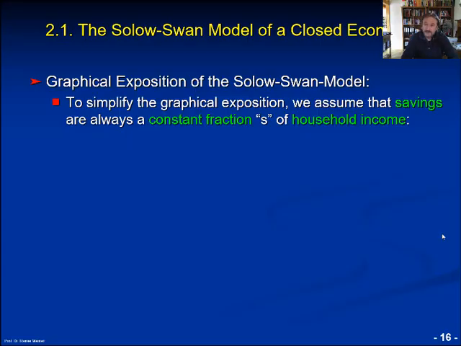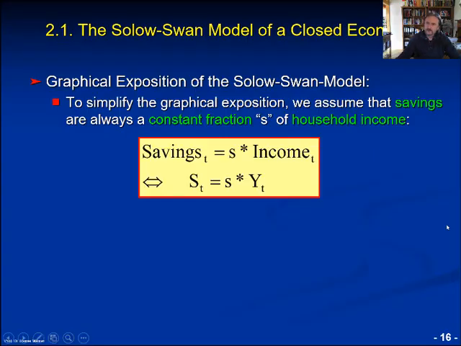Next, I would like to develop a graphical exposition of the Solow-Swan model, which is a little bit more accurate. To simplify the graphical exposition, we assume that savings are always a constant fraction of household income. So we make this assumption.